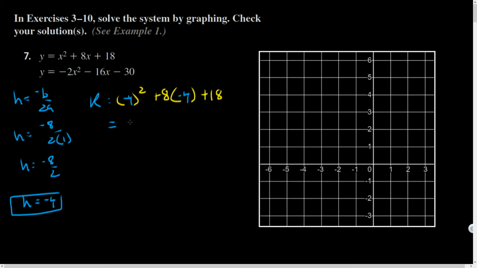So that's negative 4 all squared is 16 minus 32 plus 18. And so I get negative 16 plus 18 is 2. And so for my first parabola, I've got negative 4, up 2.